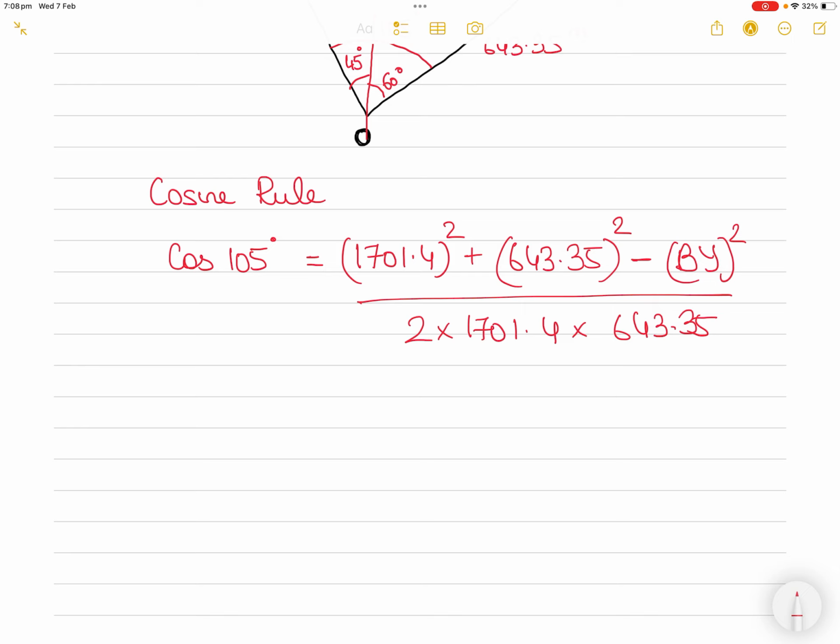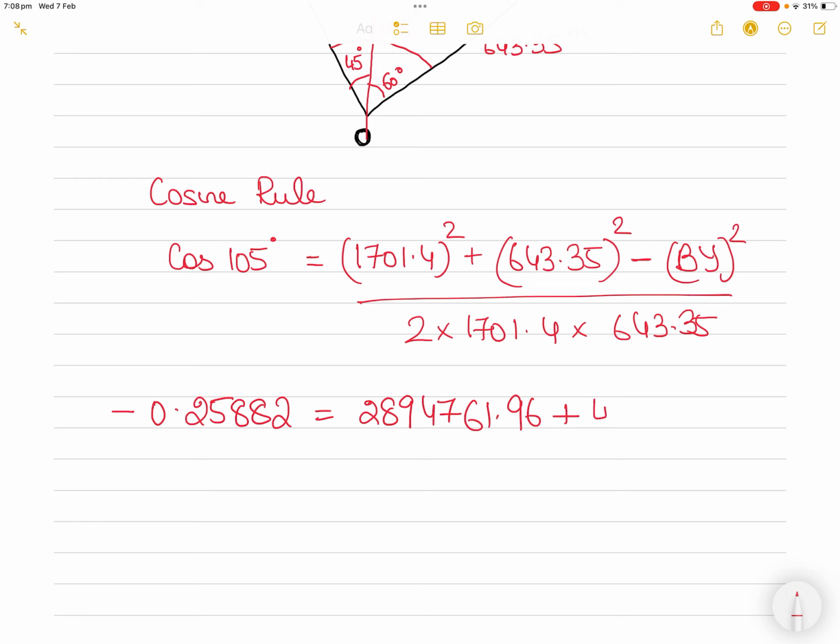Let's start with cos 105 degrees, which is equal to negative 0.25882, equals 1701.4 squared, which is equal to 2894761.96, plus 643.35 squared.